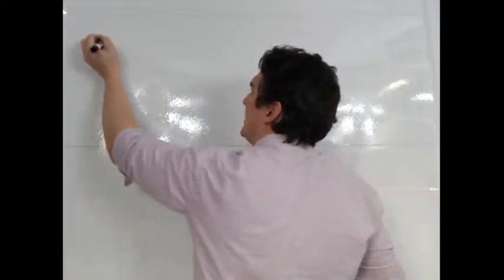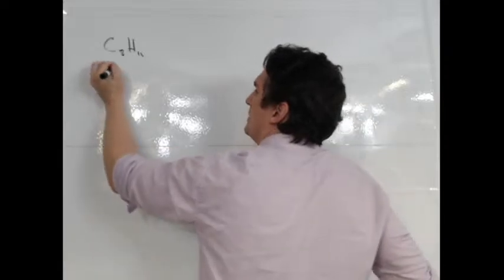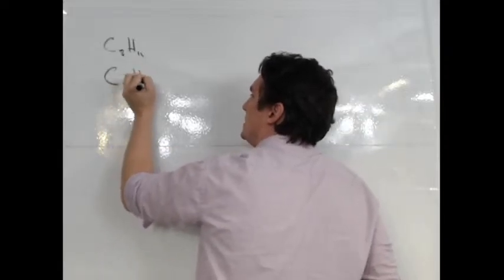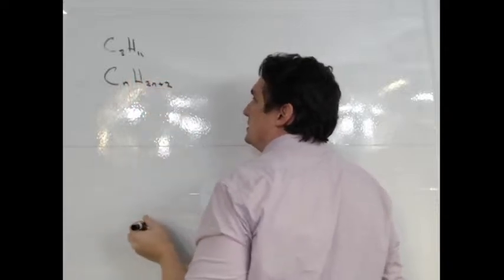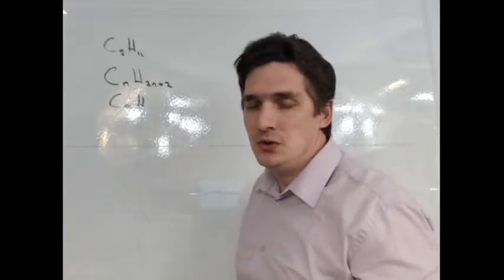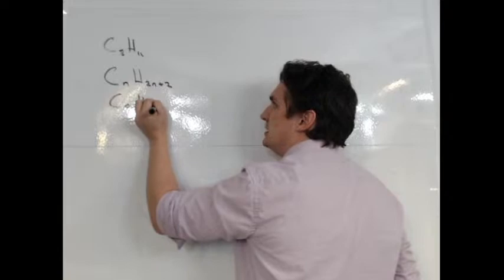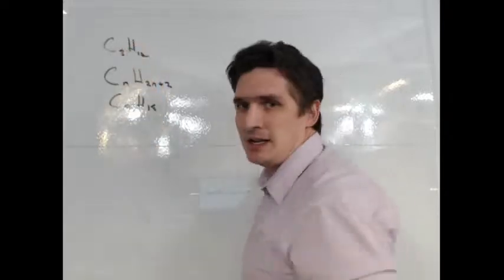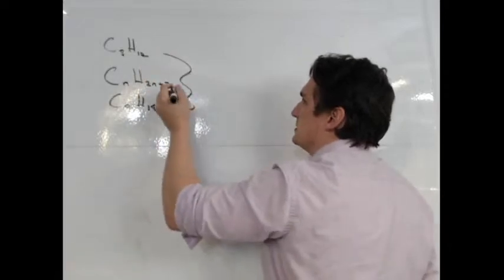So we have the formula C8H12. Now, a formula for an alkane is CnH2n plus 2. So for C8, a saturated hydrocarbon with no double bonds, no rings, is C8H18. So if we have C8H12, we are deficient 6 hydrogens.